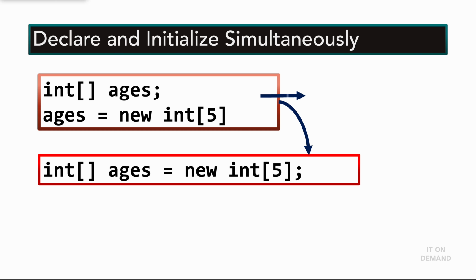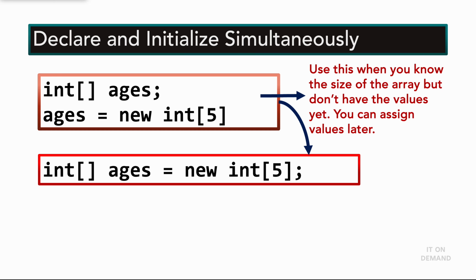And the time we want to use this is when we don't know what the values would be just yet. We know the size of the array. Definitely, if we don't know the size of the array, we cannot use arrays. But we can assign the values later, just that we don't know what the values are just yet.